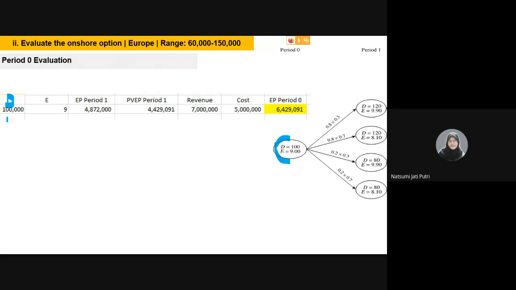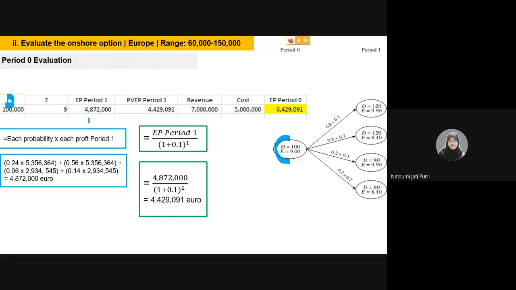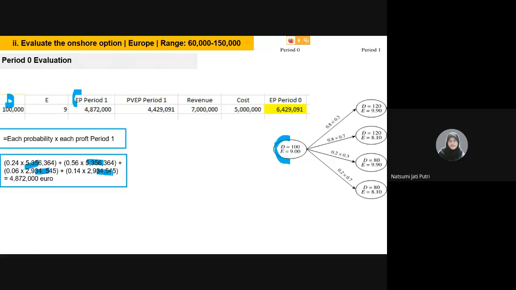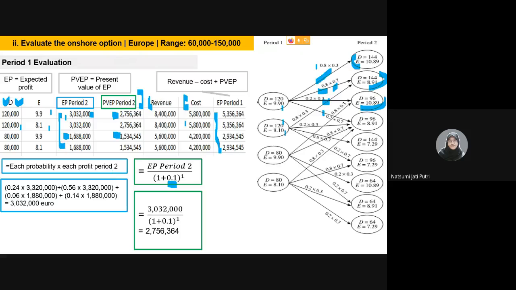The demand is 100 and the exchange rate is 9. And for the EP here, also the same, each probability times each profit in these nodes. The profit we get from the previous, from here.